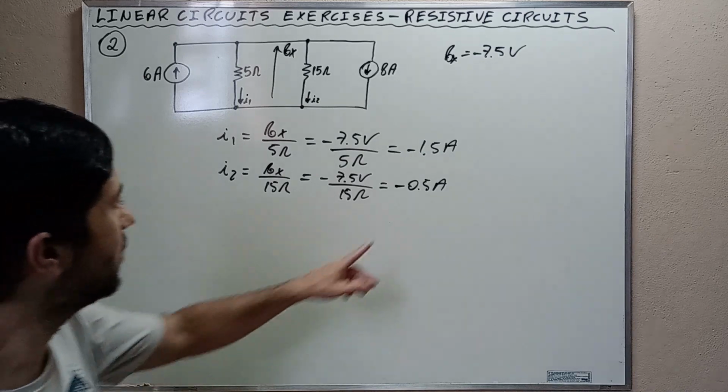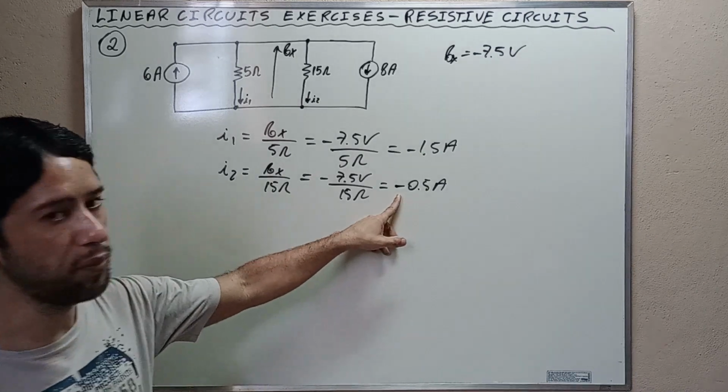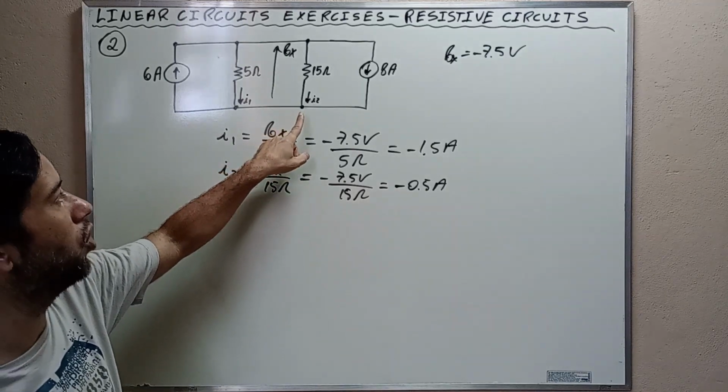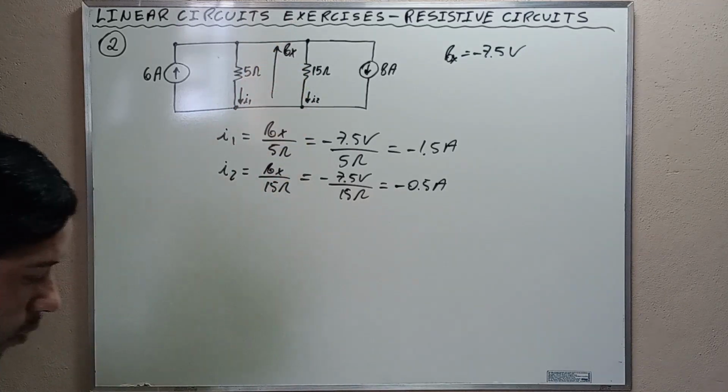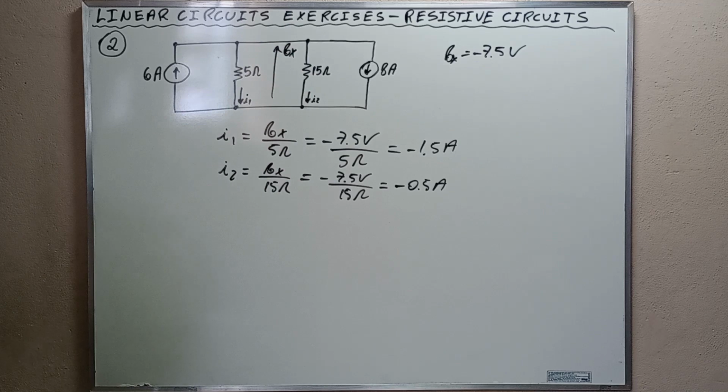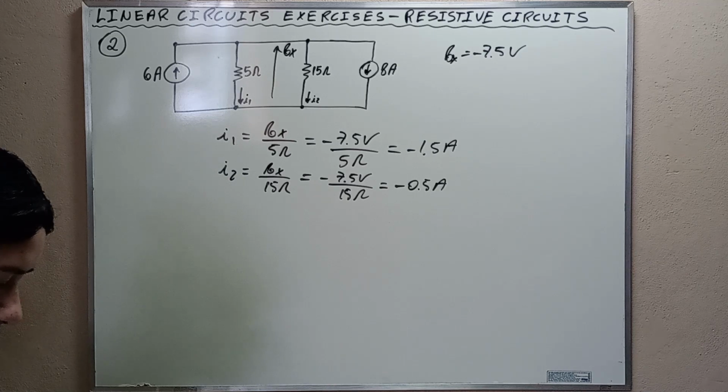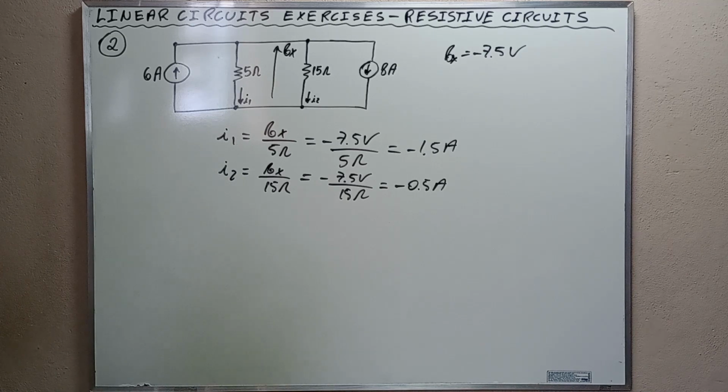And again, this negative sign here means that the current is going upwards instead of downwards. Alright, my friends, and we are almost over. What we need to do now is to state whether they are absorbing or delivering energy.